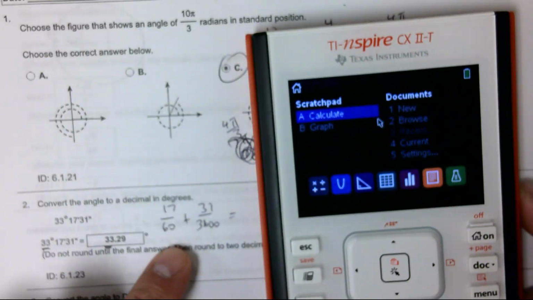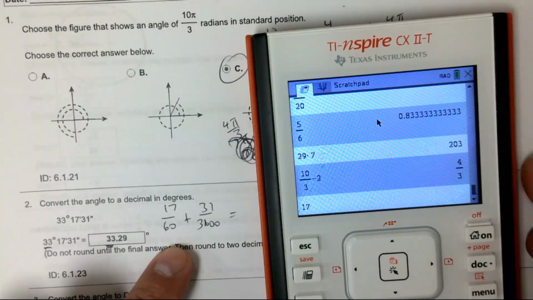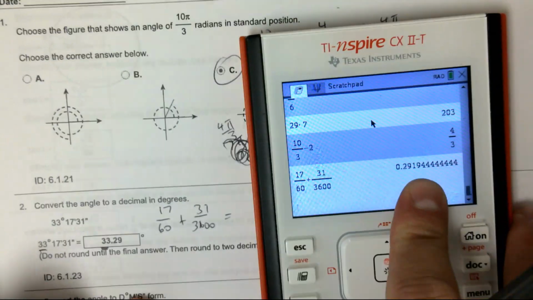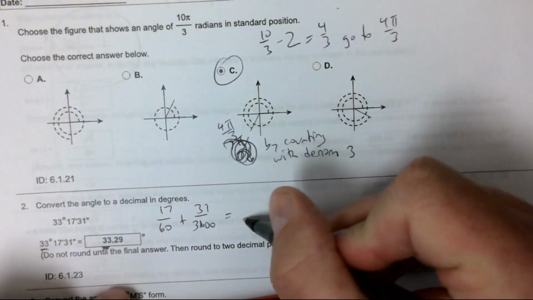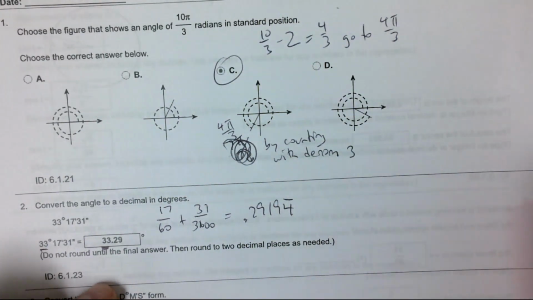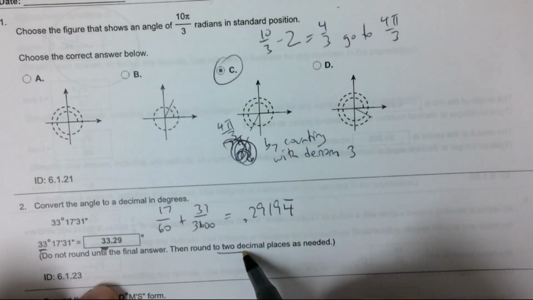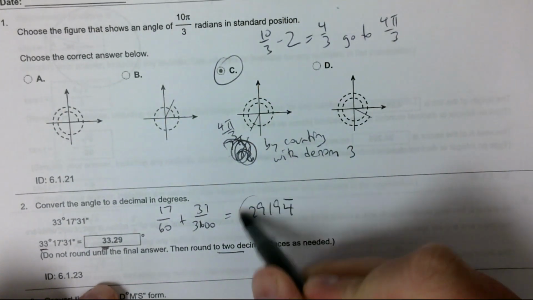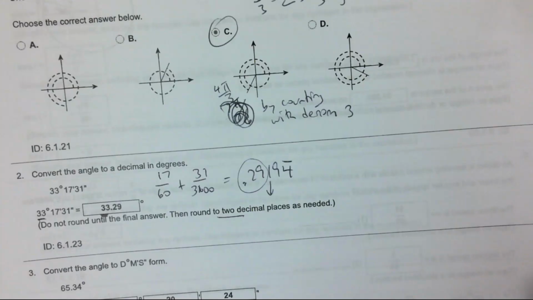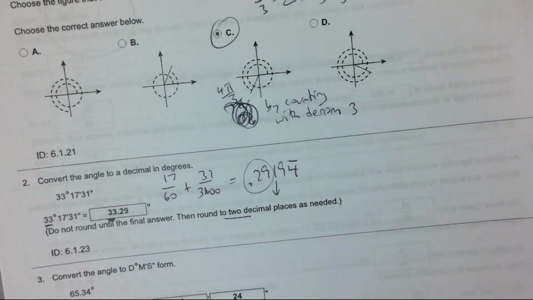So if we do 17 over 60 plus 31 over 3600, we get 0.2919 and then a bunch of 4s. They just want two decimal places. So based on this 1, you round down, and so it's 33.29.